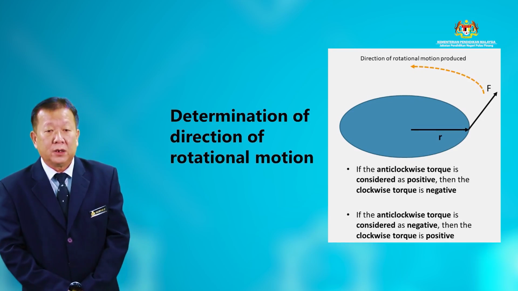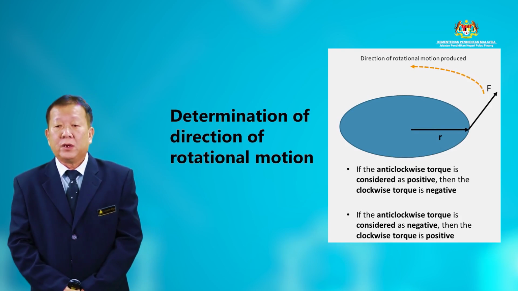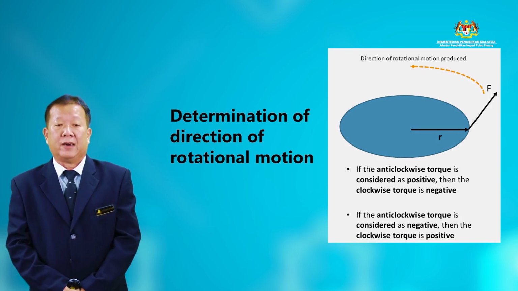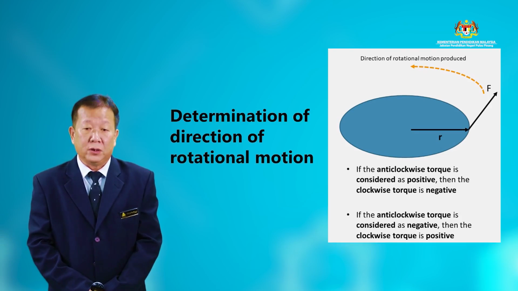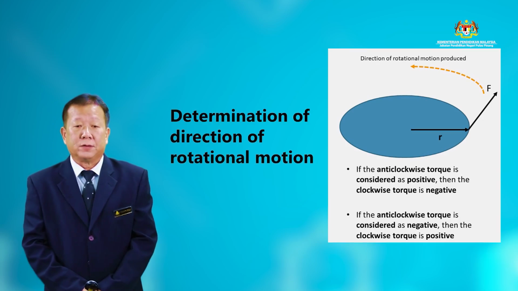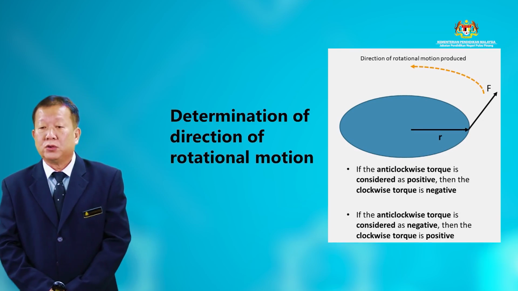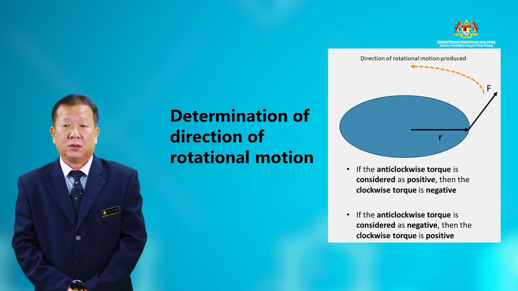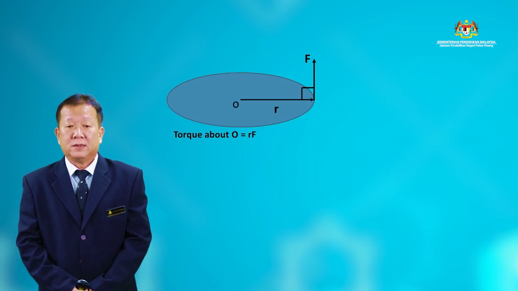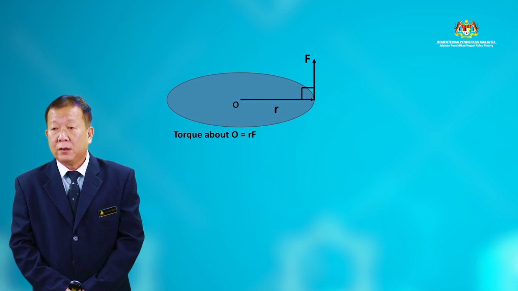For a rigid body which is pivoted at a point, the rigid body will not move in the direction of translational motion, but it can still be rotated. The moment of force that causes the translational and rotational motion is known as torque. Torque is defined as the cross product, or vector product, of r and F.